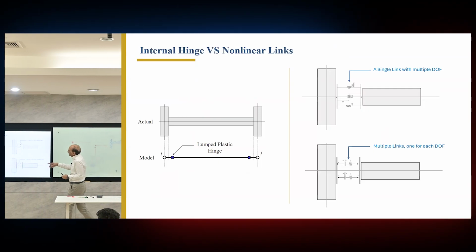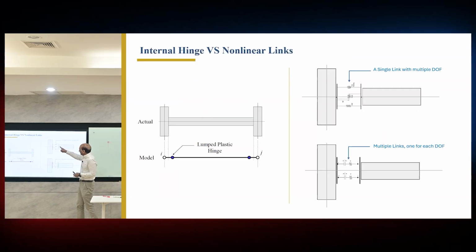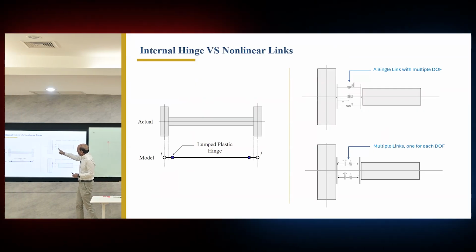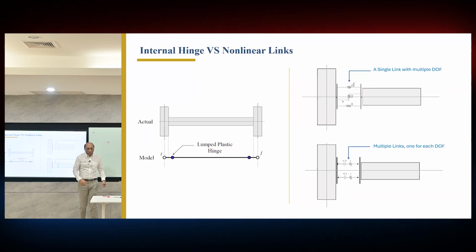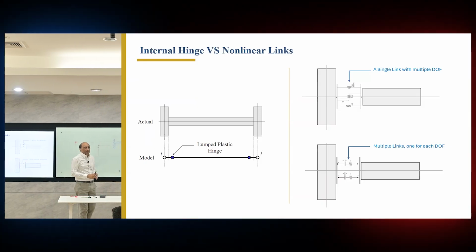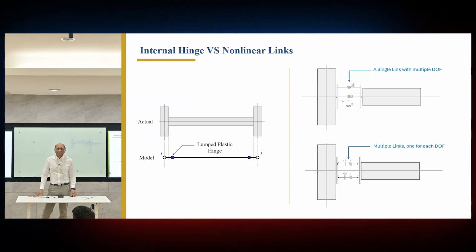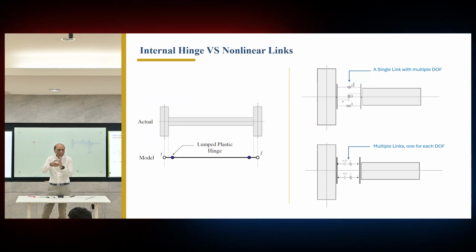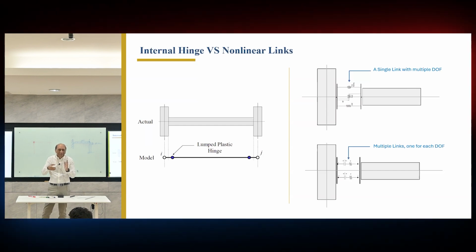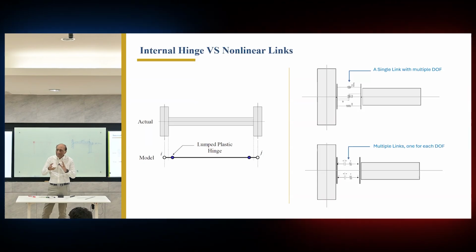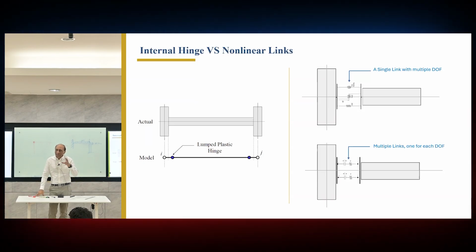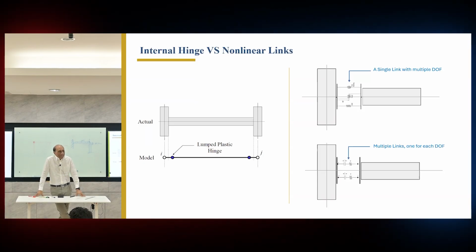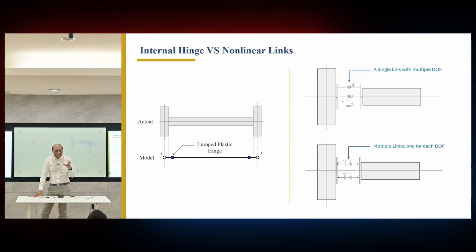The second option is that you separate the beam and the column and put in between this link. Now you can handle every possible complex behavior that you want, even sliding of the beam, separation of the beam, moving away, hitting the beam. So now you can handle all of that. That's where the power of the nonlinear links comes in, that you can put nonlinearity two ways.